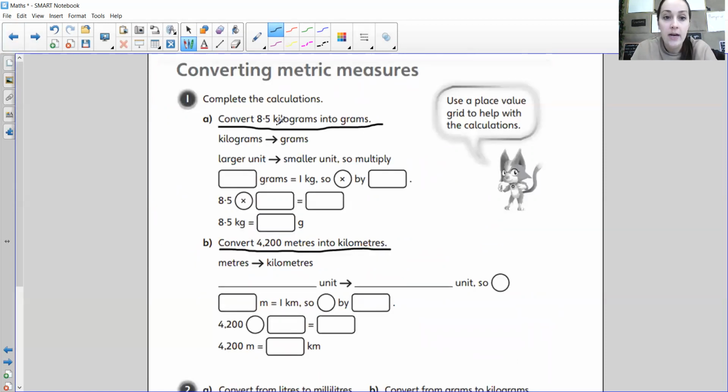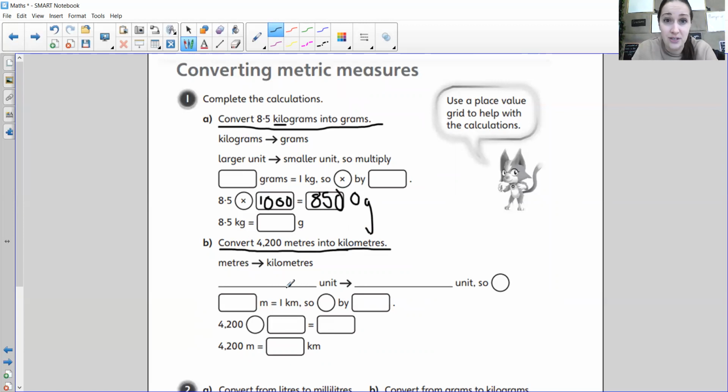Answer time then. So we know that kilo means 1,000. So we're going to do 8.5 times 1,000, which would be 8,500 grams. Give yourself a tick if you got it right. Next one then, 4,200 meters into kilometers. We don't really say that, but we know what we mean. Kilo means 1,000.